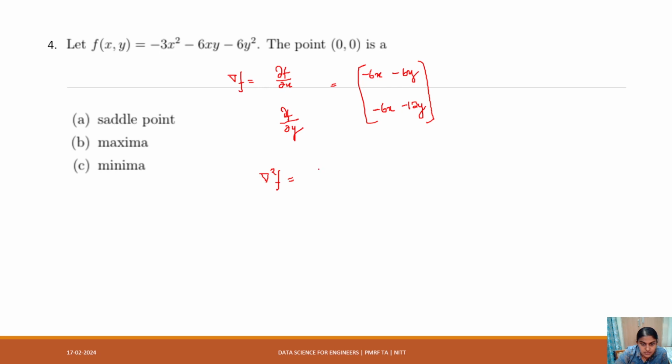Earlier I have written ∂²f/∂x², so it will be -6 here.